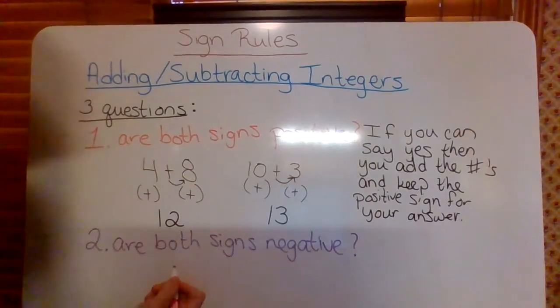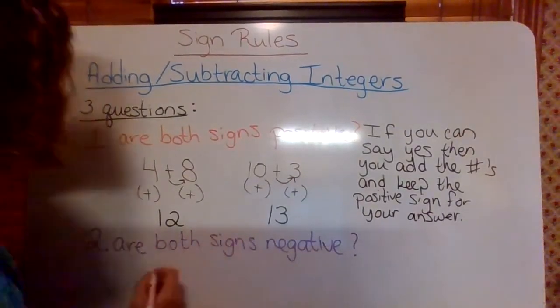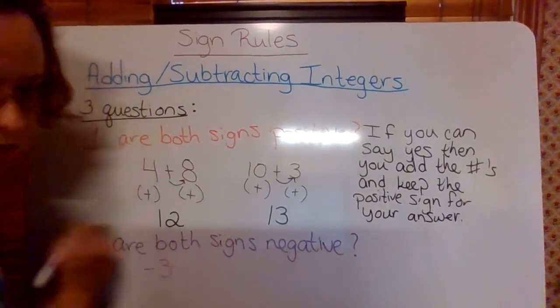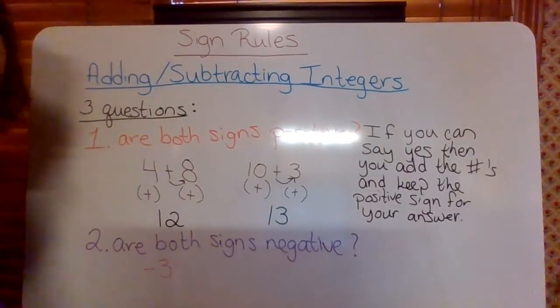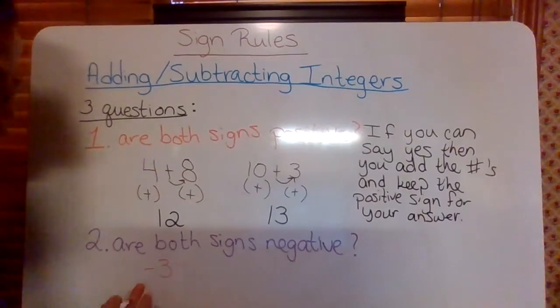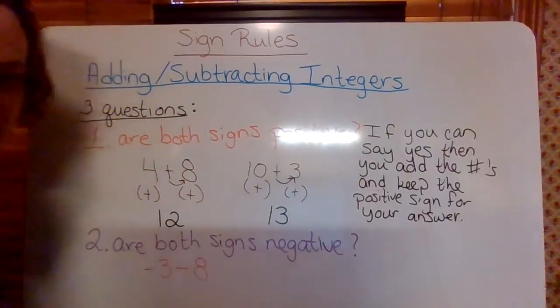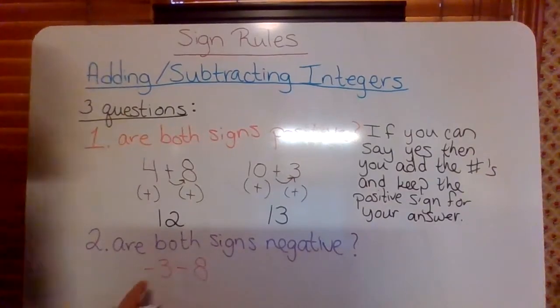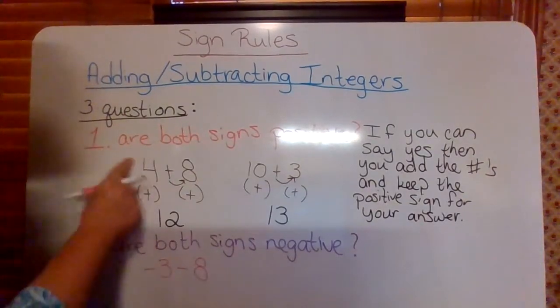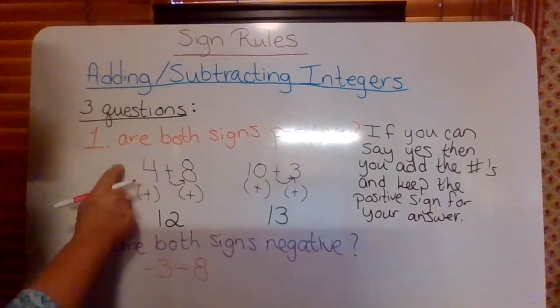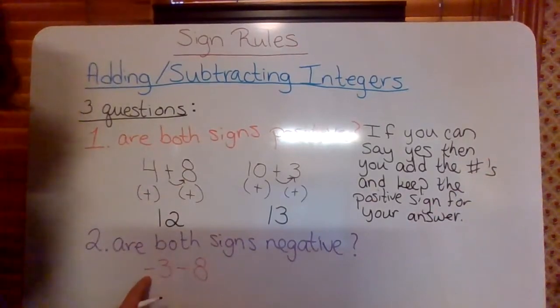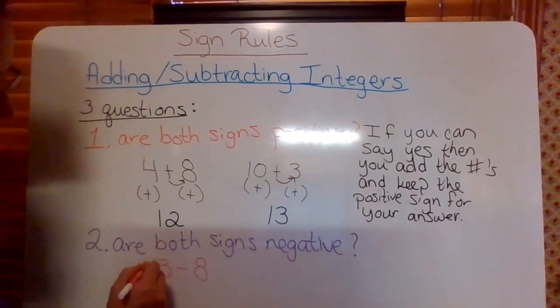Let's see if you can see this. So let's say that I give you -3. Can y'all see the pink? A little bit. So -3 minus 8. Now, if you look here, unlike up here where there was nothing, and I told you that meant positive, right here we have a negative sign. So this tells me that whatever's behind it is a negative number.